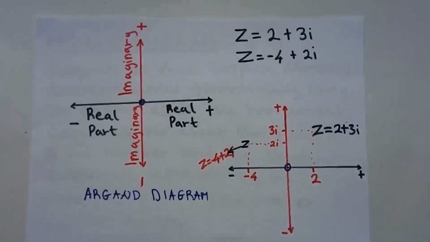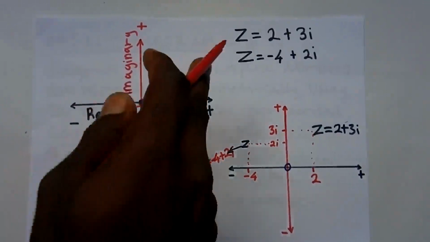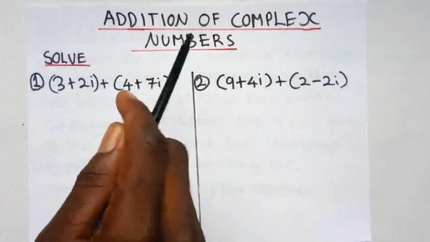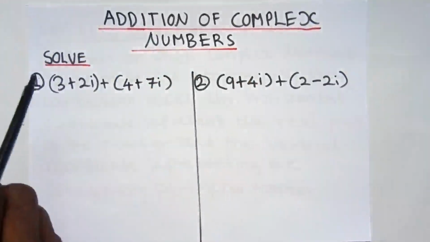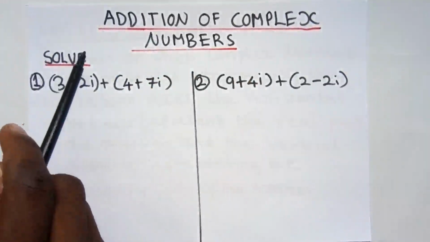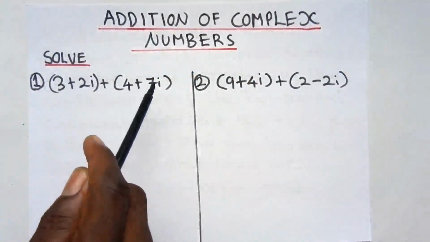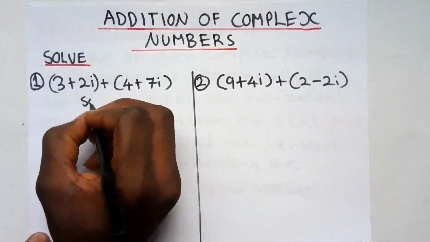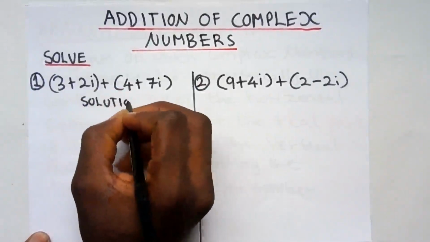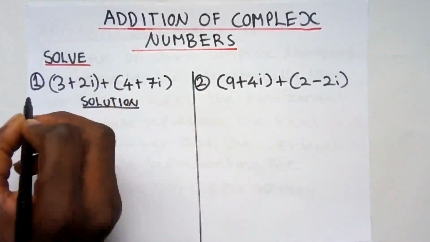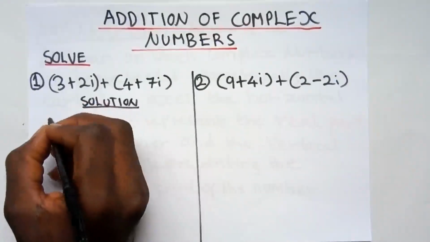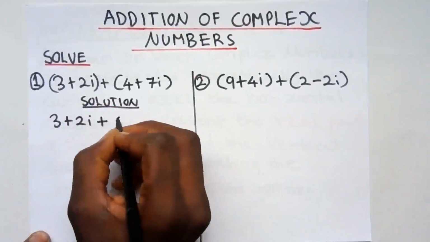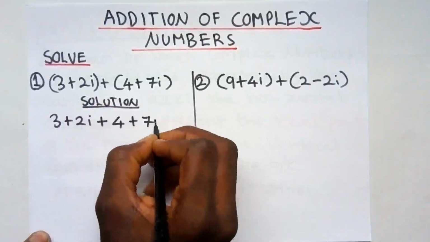Let's perform some arithmetic operations involving complex numbers. Addition of complex numbers. Solve (3 plus 2i) plus (4 plus 7i). Look at the way we do addition in complex numbers. Solution. Open the bracket. 3 plus 2i plus 4 plus 7i.